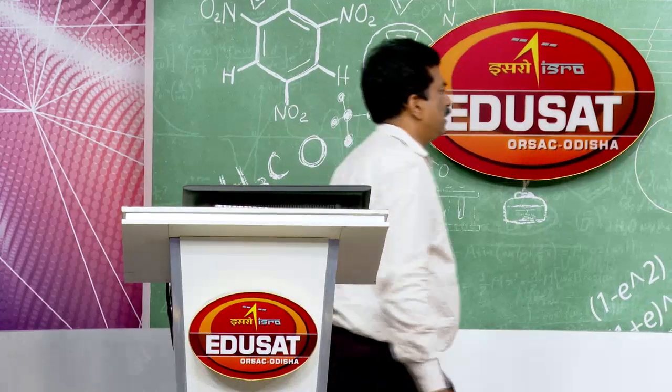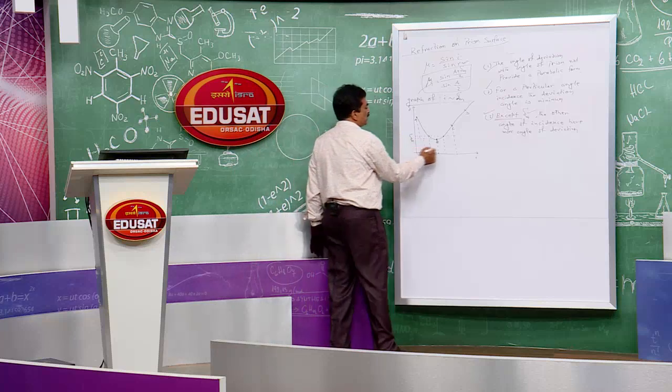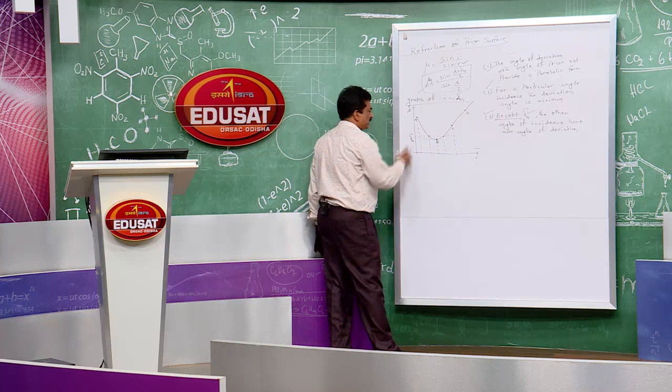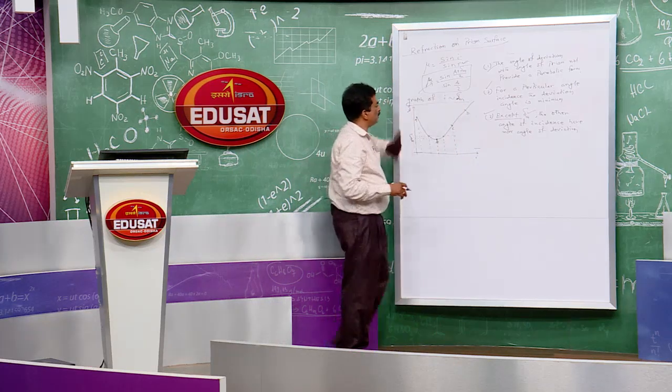As we know, if we plot a graph by taking the angle of incidence on the x-axis and angle of deviation along the y-axis, the graphical form is likewise, about which we have written here the three points.